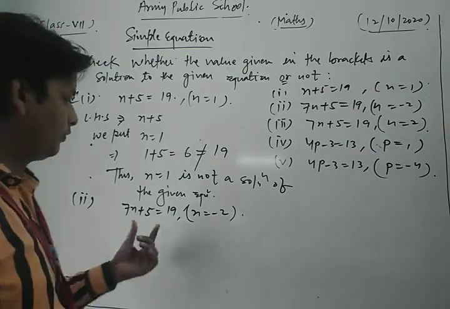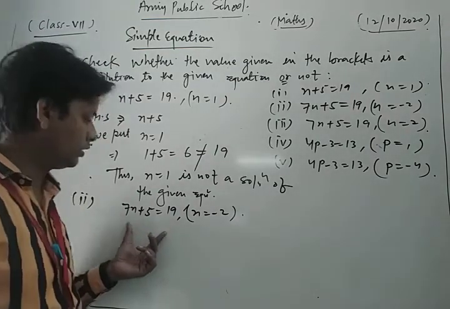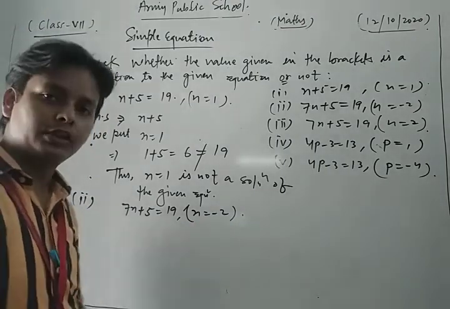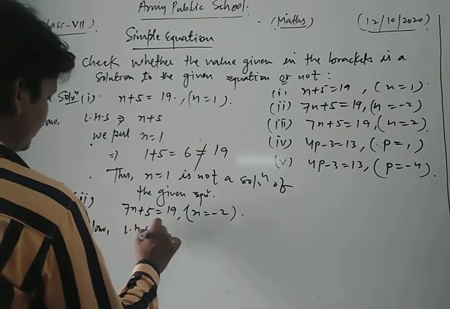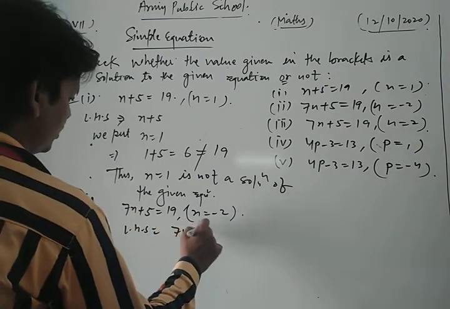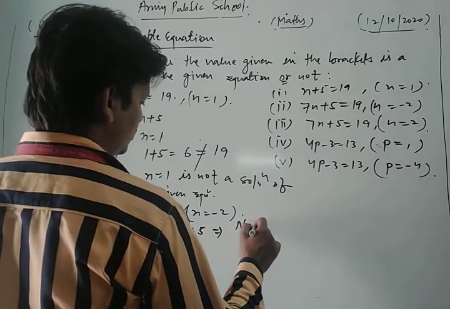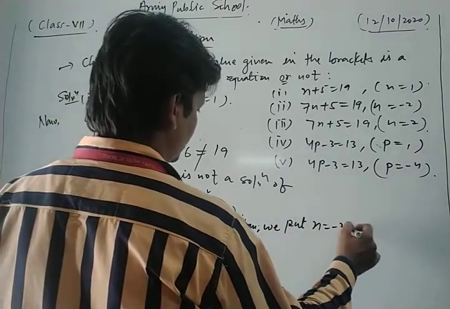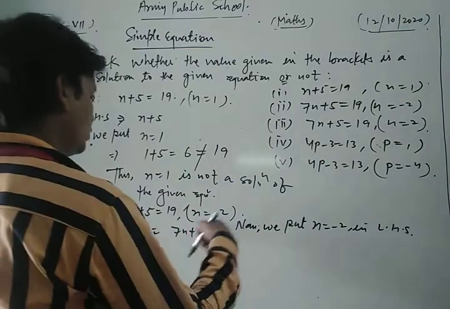Now again, first of all we write the given equation. Now we take the LHS, which is 7n + 5, and put n = -2 in it.